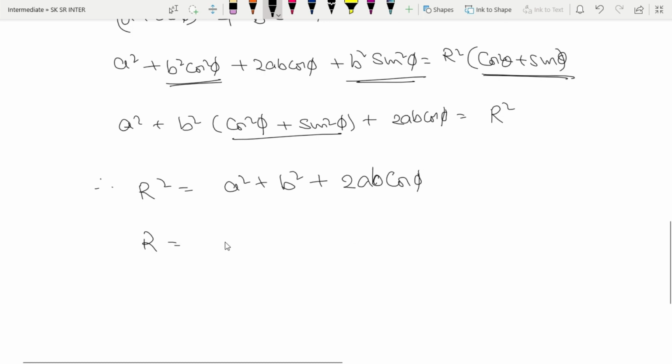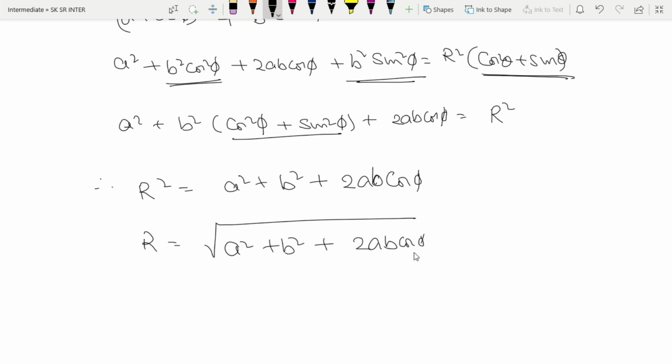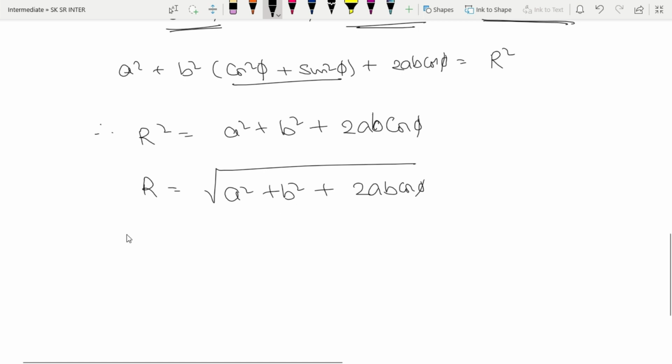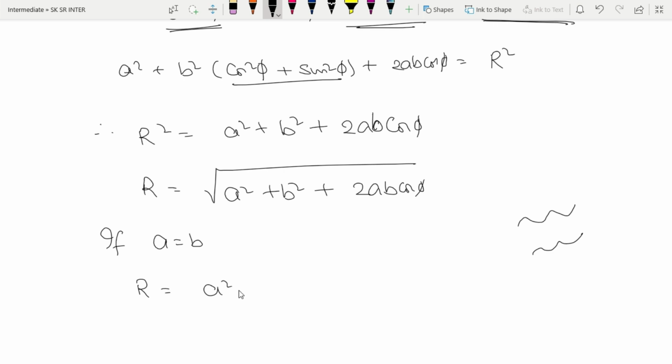So r is equal to root over a square plus b square plus 2ab cos phi. This r means the resultant amplitude of the two waves. Now here, if a is equal to b, that means the amplitudes of the two waves are equal, then r becomes a square plus a square plus 2a into a cos phi.